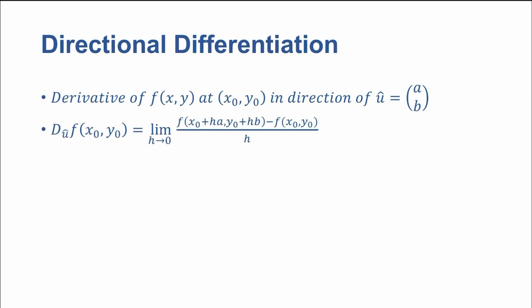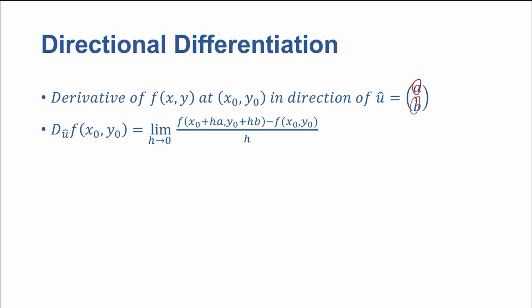Now, the way that we do that is, I'm perturbing my x and I'm perturbing my y. So I'm perturbing x and y in my little limit to find how my function changes. So we change it based on components, and h will be modified by whatever components we have.